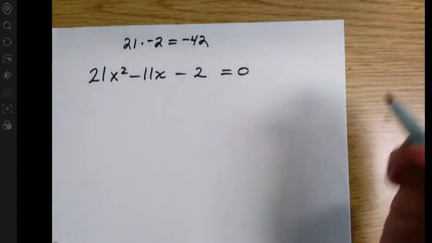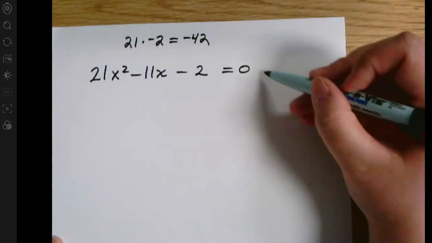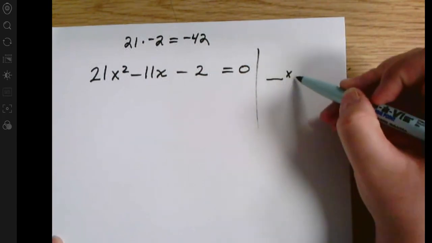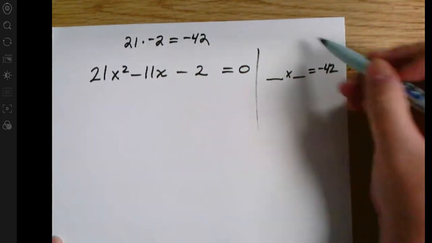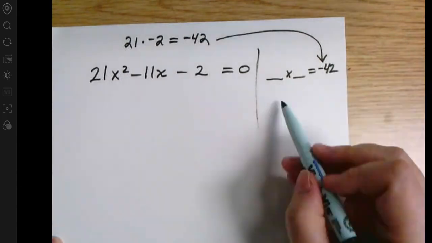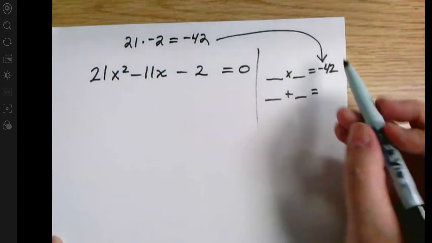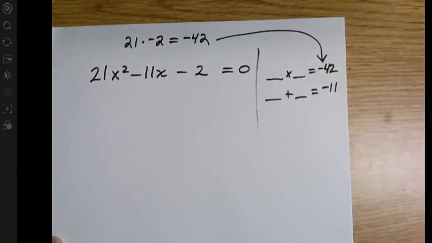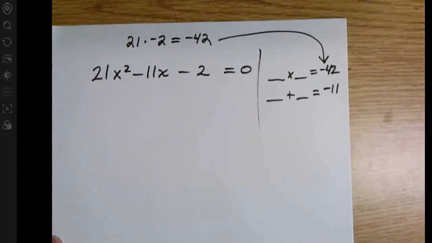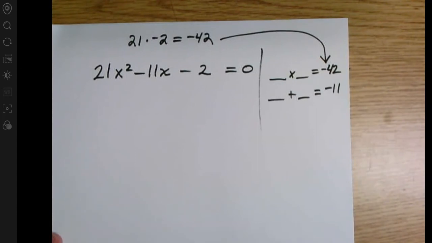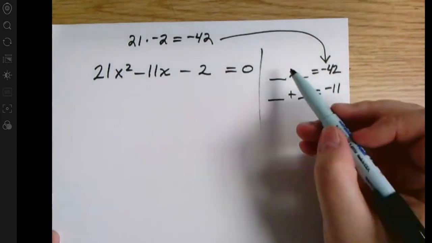So then I'm going to come over here to the side and say I want 2 numbers that multiply to give me that, and add to give me the coefficient of that middle term. So 2 numbers that multiply to give me -42 and add to give me -11 are -14 and 3.